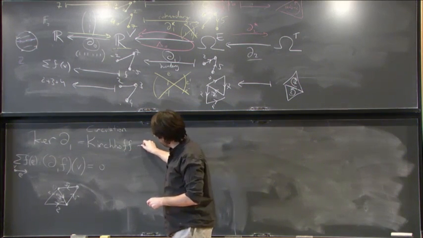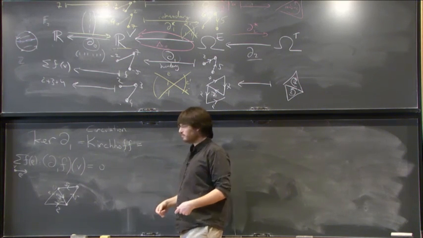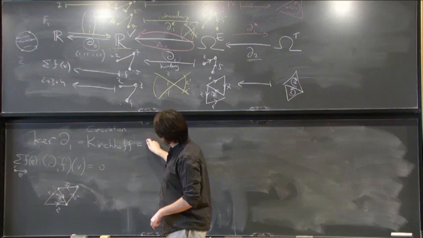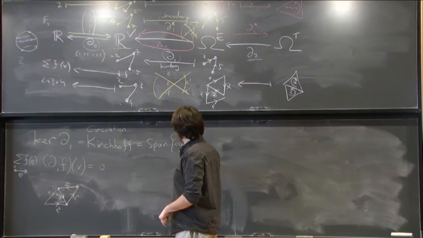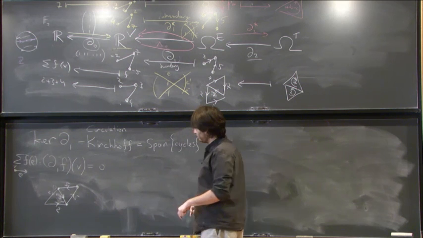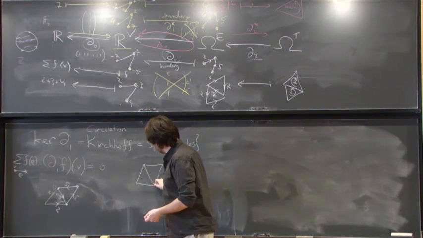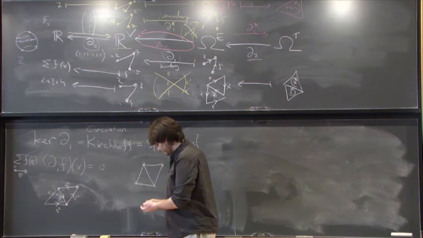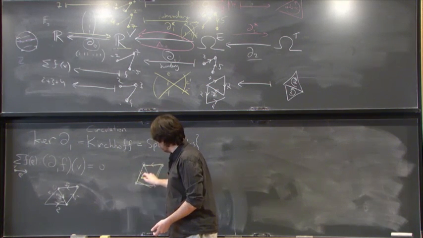I want to show you that this can be decomposed. So this is also the span of cycles. What I mean by cycles: I have some graph, and a cycle is just a closed loop.